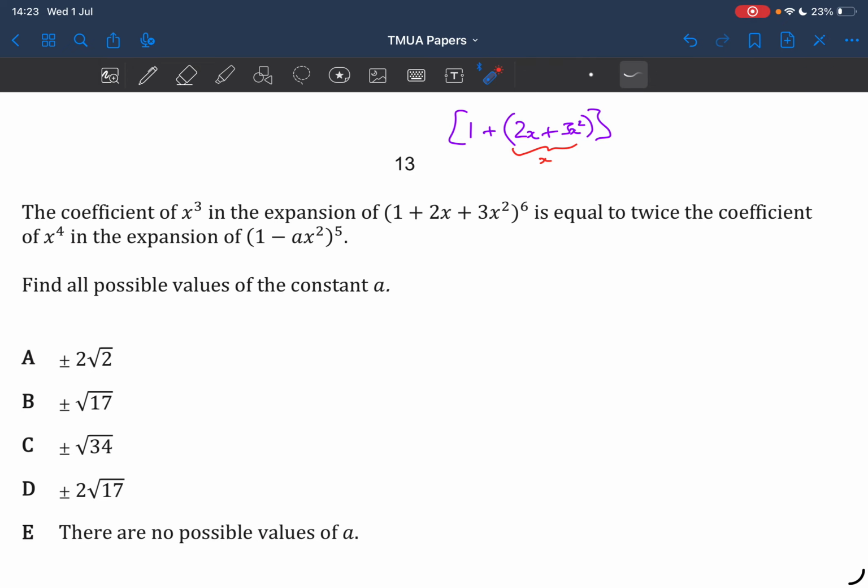we have to think about all the ones that could possibly give us a cubic. So if we have just this term by itself, it can't give us a cubic. But if we look at the x squared term from that, what we will get is 6 choose 2 times 1 to the 4, and then times that bracket to the 2.